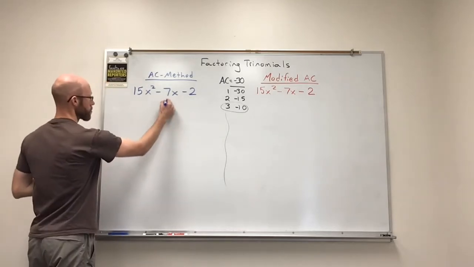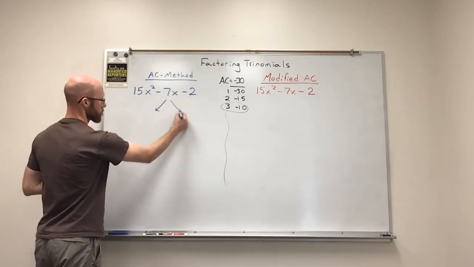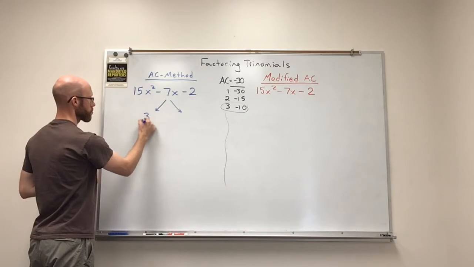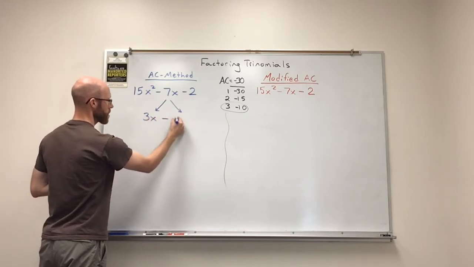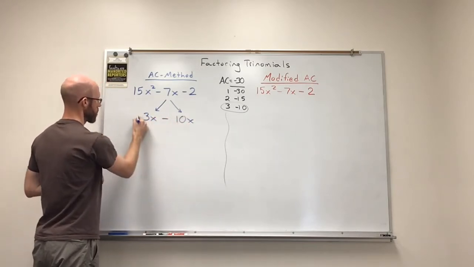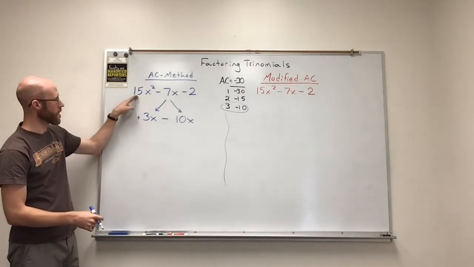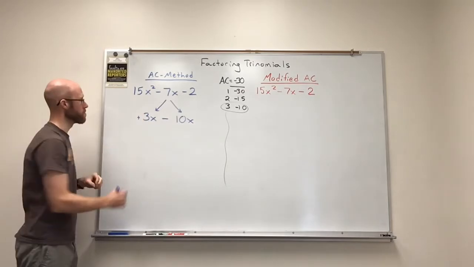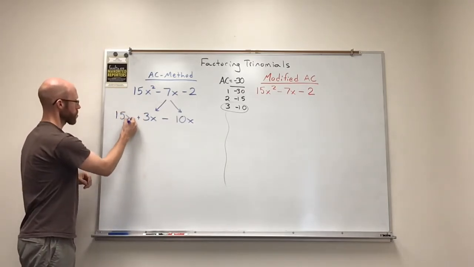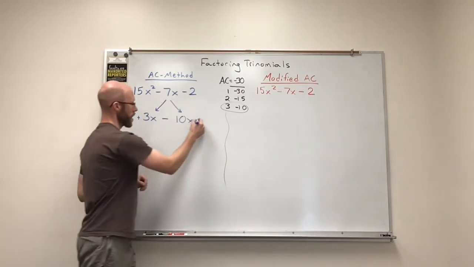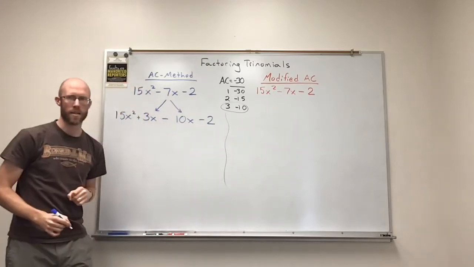Okay, so we'll do that. We'll take this middle term and we'll split it up into a plus 3x and a minus 10x. Then I bring down the first and last terms. So it's a 15x squared at the front and a minus 2 at the end.